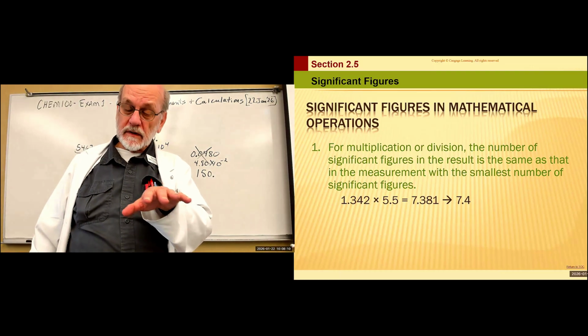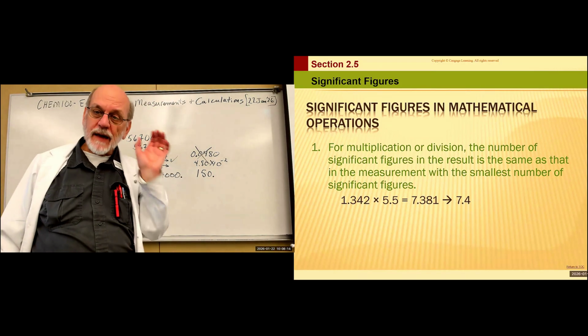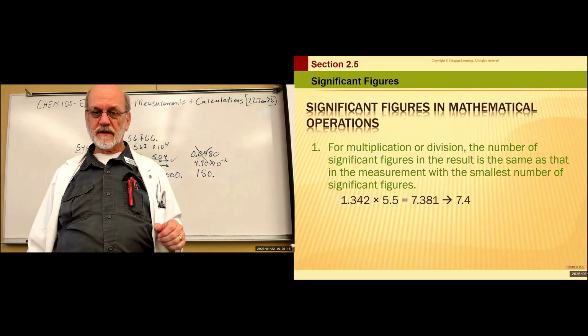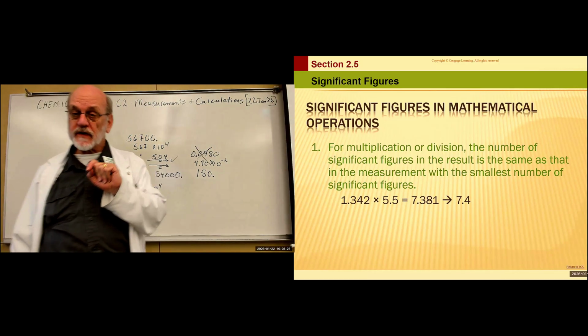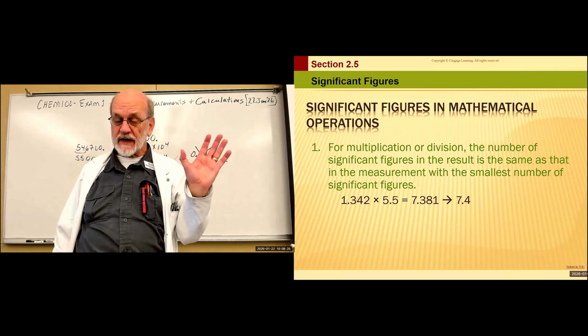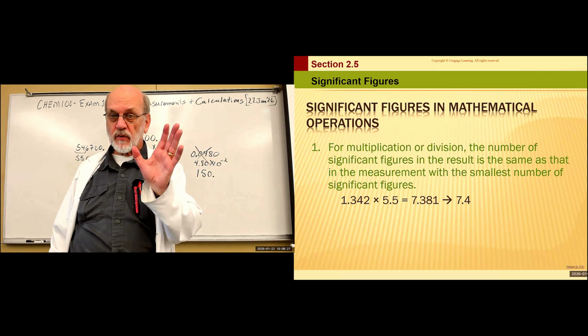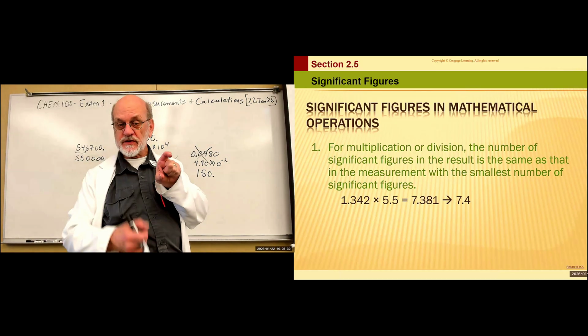So with this calculation, we have 4 significant figures times 2 significant figures. So the answer can only have 2. So we take the answer that comes from our calculator, and we say two significant figures counting from the left, 7 point, and you stop at 3. You look to the right of 3, which is 8.